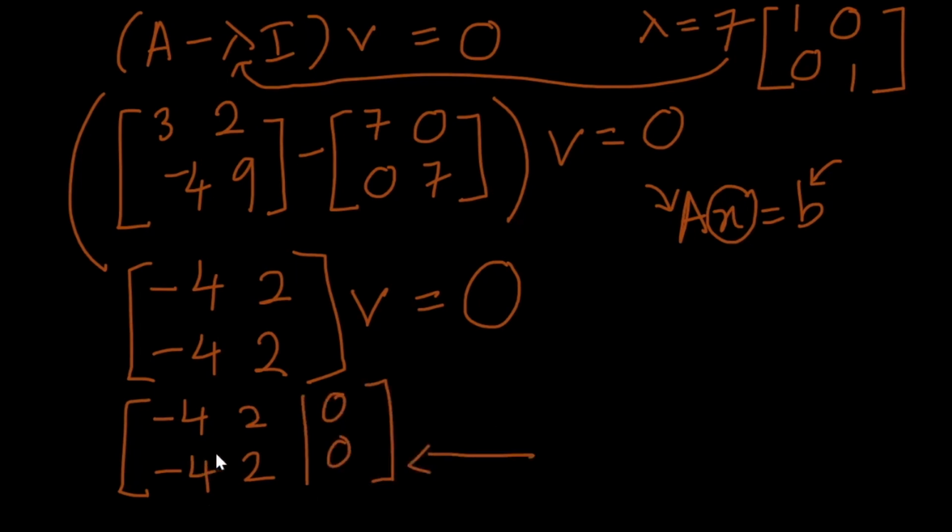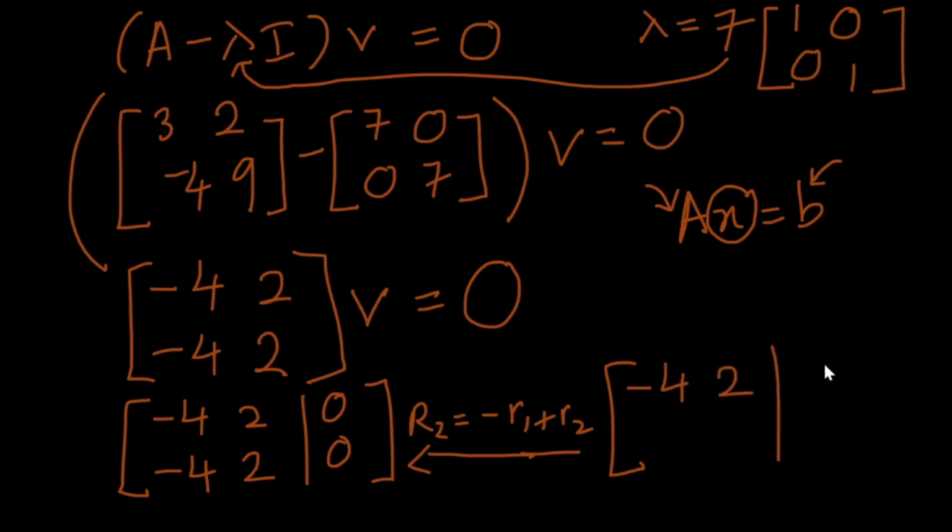Now we would like to make this be 0. So the new row 2 would be negative of -4 over -4, which is negative row 1 plus row 2. So this gives us -4, 2 and then 0: 4 minus 4 becomes 0, -2 plus 2 becomes 0, and 0.